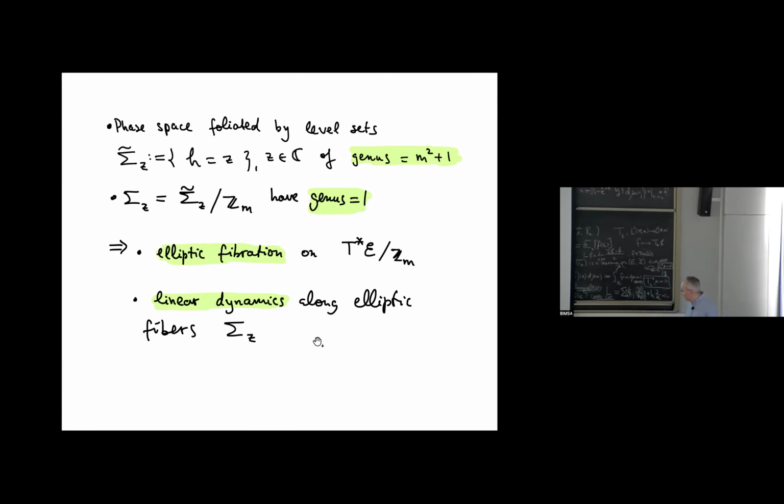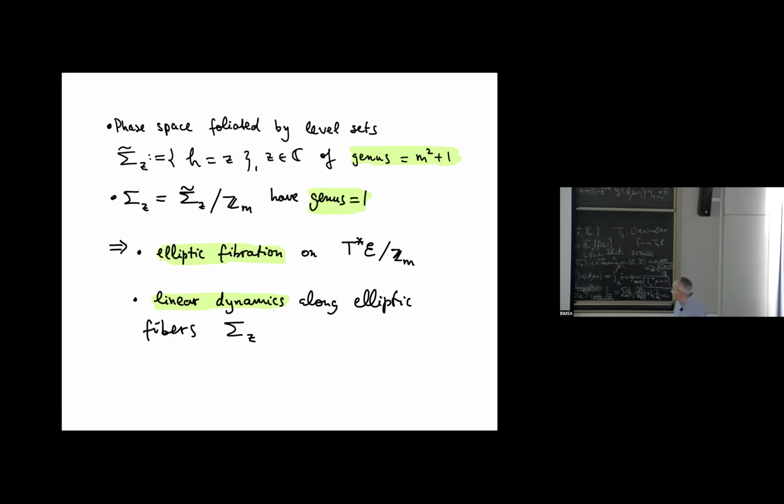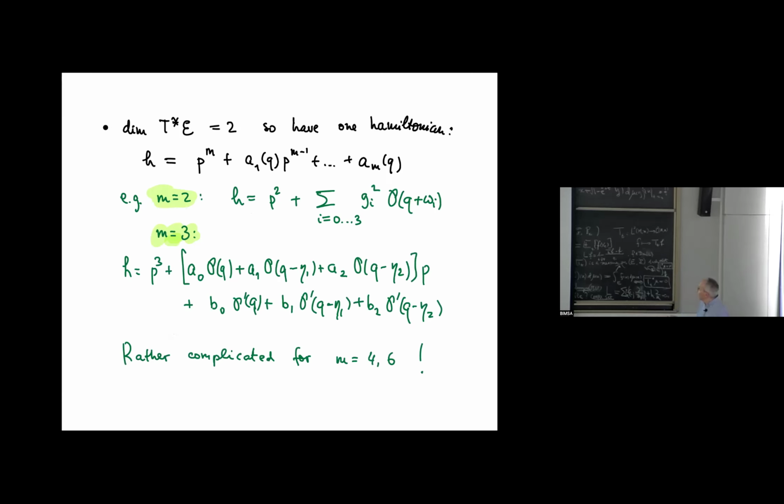Okay, so this is nice. And now you can do this directly if you have the formula for the Hamiltonian. And actually, for the simplest one, the quadratic Hamiltonian, you can trace it down in the literature.